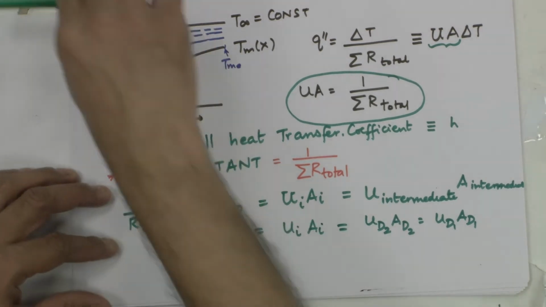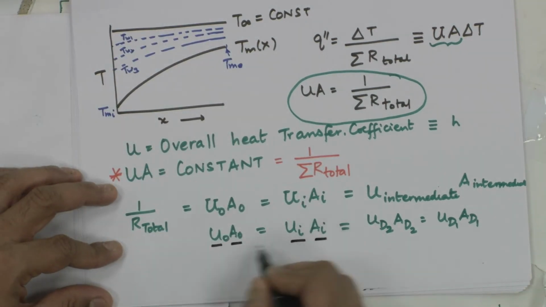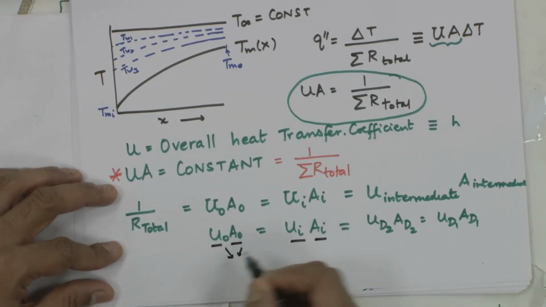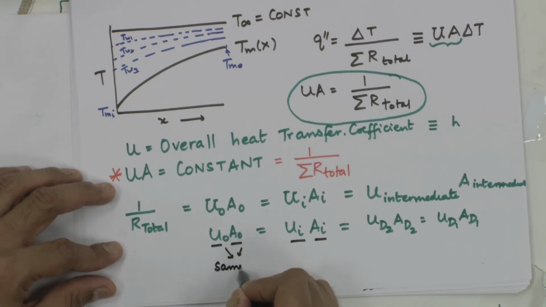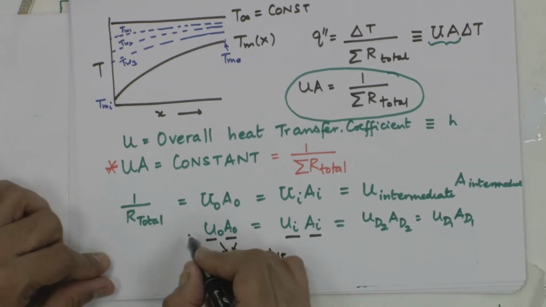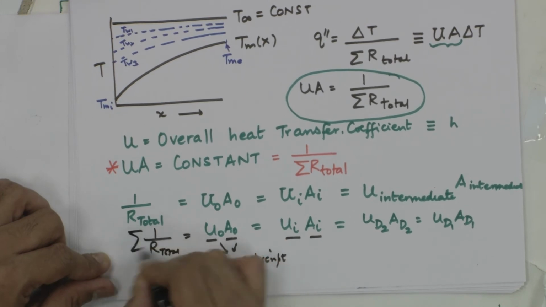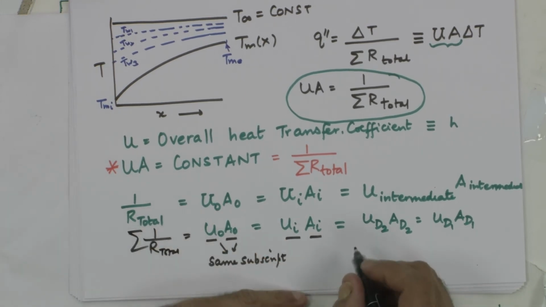Whatever it be, the product of U and A, with the same subscript, you should note that, the same subscript needs to be there, that is all equal to 1 over R total. What does this lead us to?